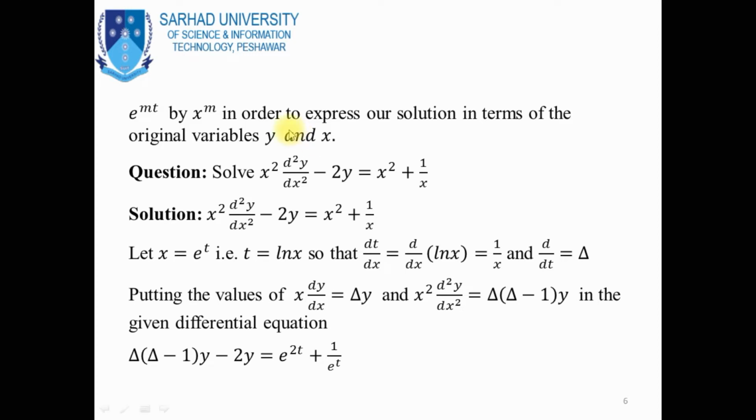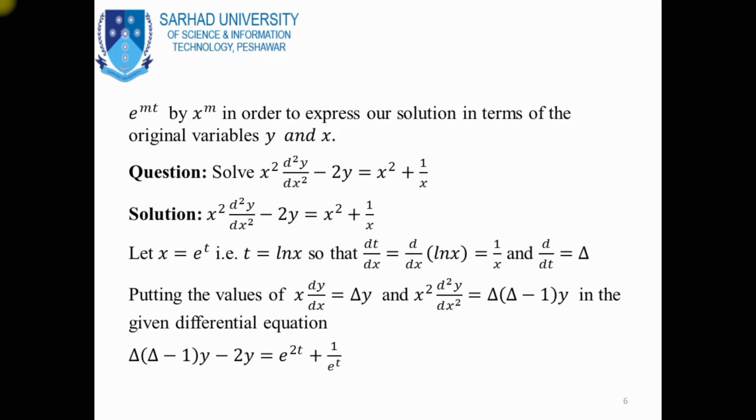Because the equation is non-homogeneous, it has two solutions, complementary solution and particular solution, and we have already discussed the procedure for solving the higher order linear non-homogeneous differential equation: how to find the complementary solution and how to find the particular solution.